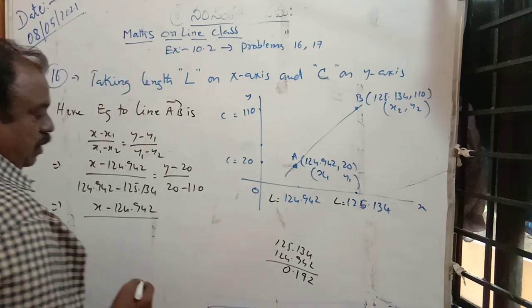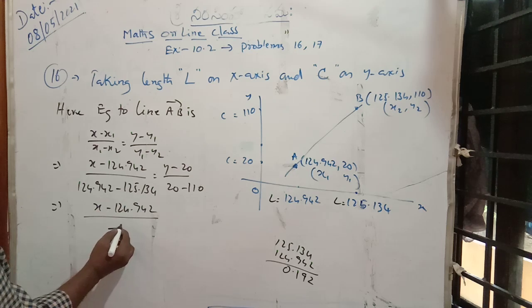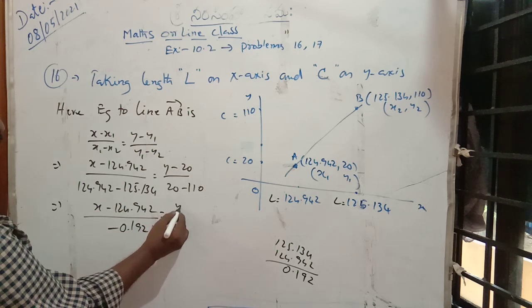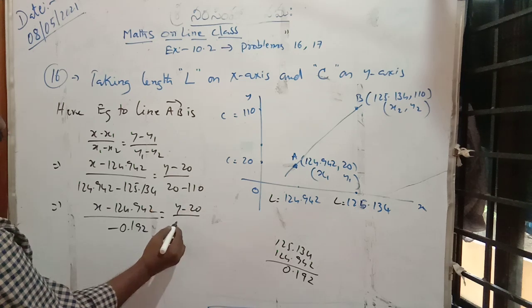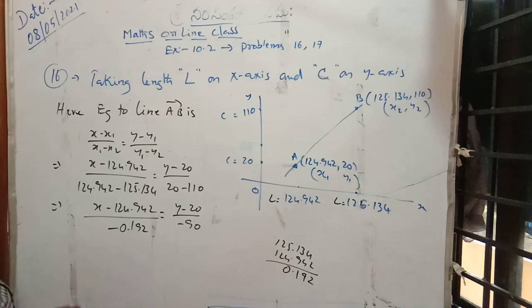It is lesser minus greater, so minus 0.192. And y minus 20 by minus 90. So minus cancels.